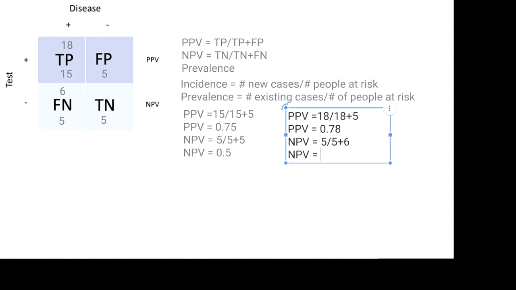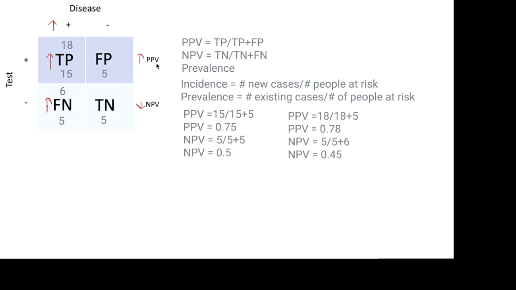So the new negative predictive value will be 0.45. This shows that as there is an increase in disease prevalence, there is increase in true positive and there is an increase in false negative. This demonstrates as there is an increase in disease prevalence, the positive predictive value will increase, but the negative predictive value will decrease.